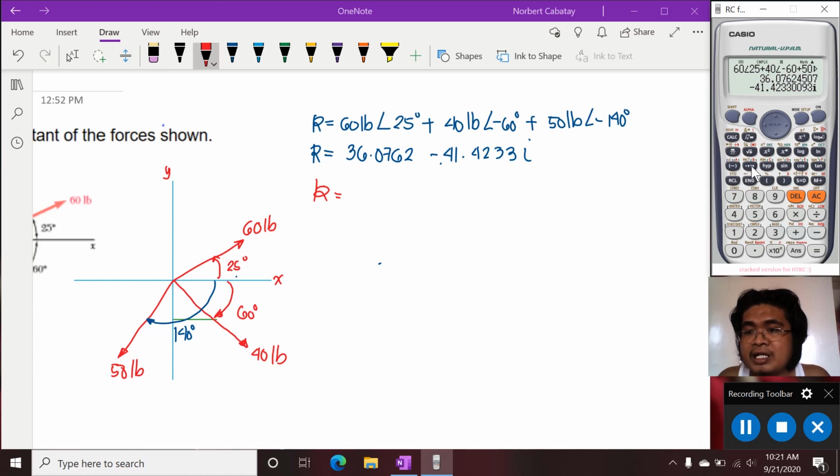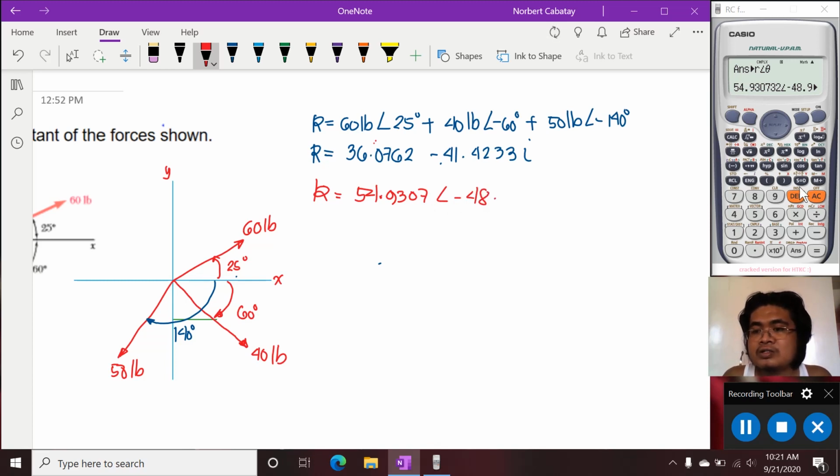Let's use B. Shift 2 3, our answer equals, so you have 54.9307 angle negative 48.95. So, correct. Probably our resultant is here, at an angle of 48.95 clockwise from the positive x-axis.